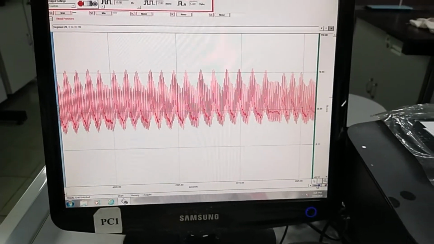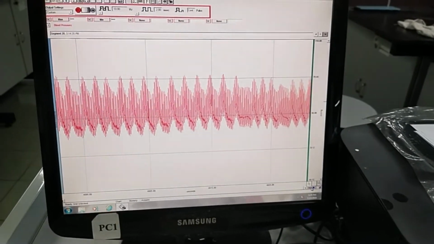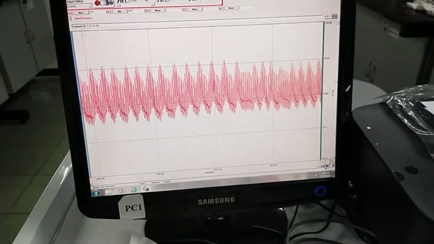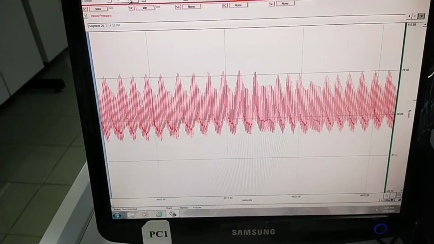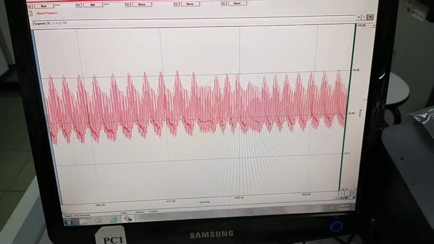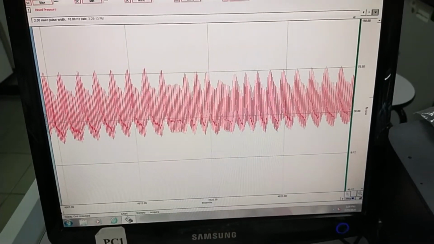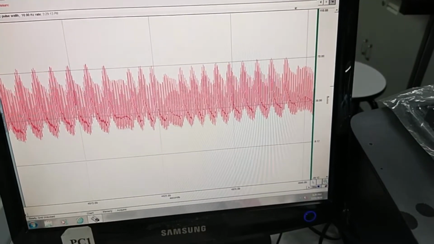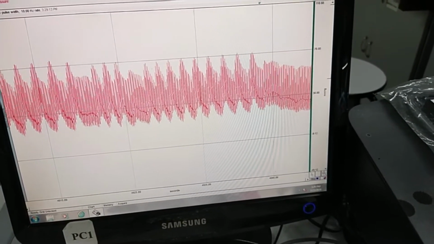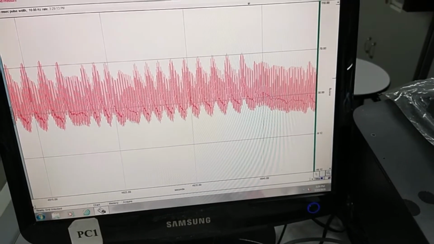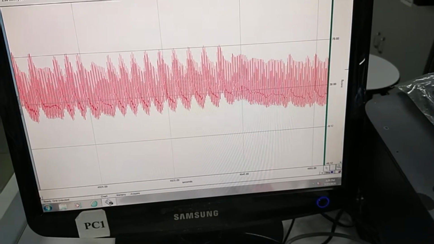Next we're going to proceed with the vagus nerve stimulation after the pre-treatment of low dose ACH. We can click the on button here. I'm going to stimulate the vagus nerve for 10 seconds. In 1, 2, 3. At the same time, you need to monitor the changes in the blood pressure during the stimulation. 1, 2, 3, stop.